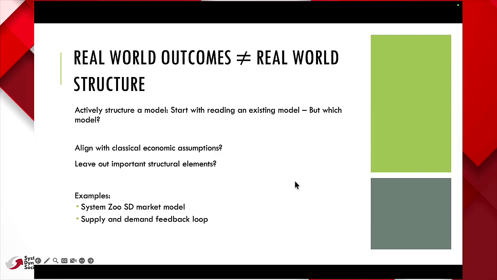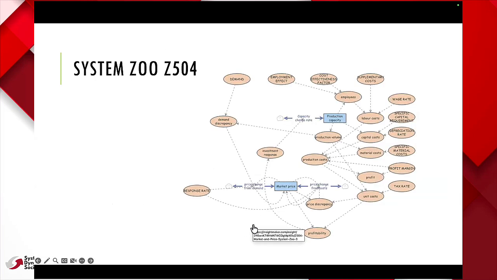The first example is an example I took from System Dynamics, and the number of the model is Z504. It's a model that is originally built in Vensim. I also built it in Vensim, but I now use the Insight Maker model so I can share it online.